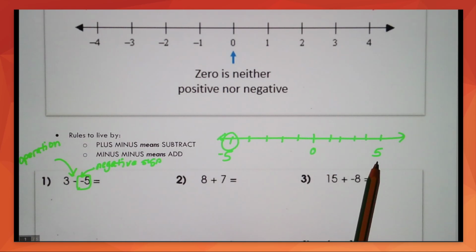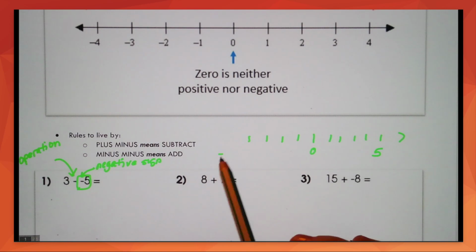It's not over here in the positive side. It's a negative number. So there is a difference between something that is an operation, which is plus, minus, multiply and divide, and whether something is a plus sign or a negative sign associated with a number, which would mean that it's positive or negative. So try not to get them confused, okay?